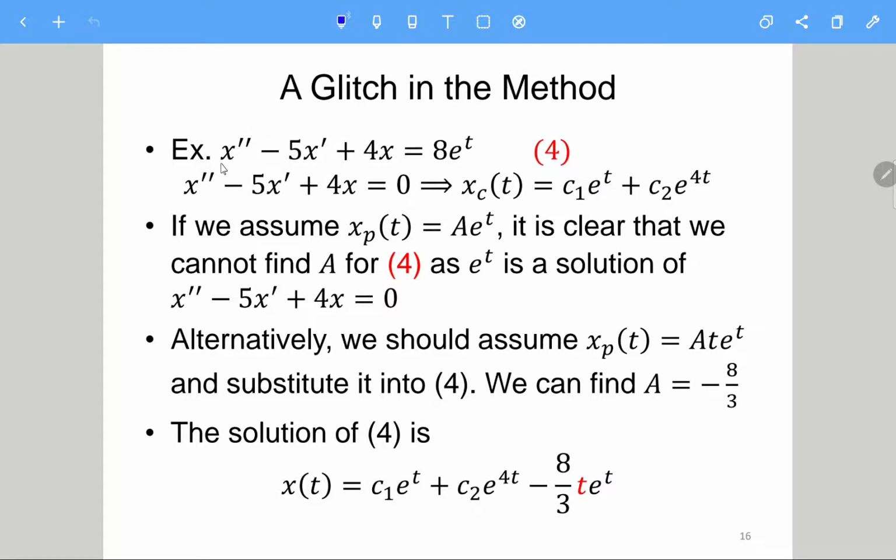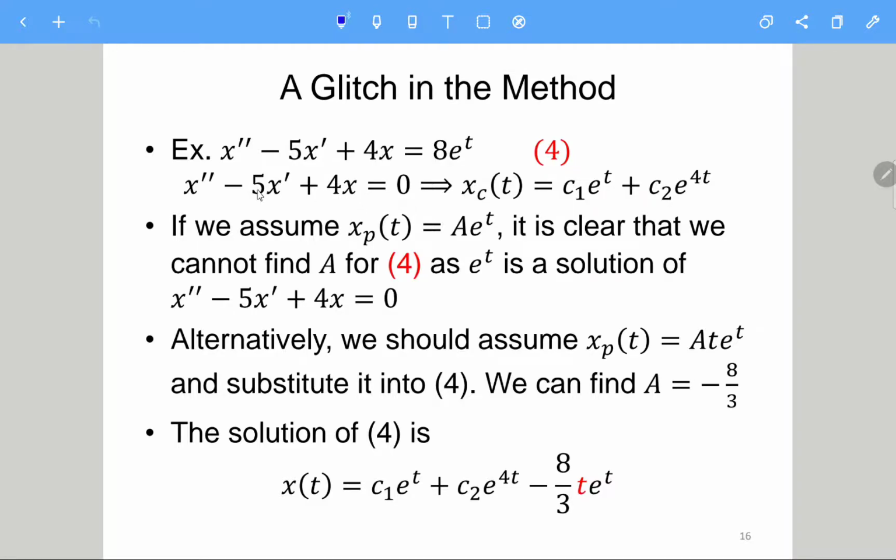If we have an ODE like x double prime minus 5x prime plus 4x equals 8 exponential to t. So the first step is to solve for the homogeneous solution. So we let the right hand side be 0, and then we can write it as s squared minus 5s plus 4 equals 0.